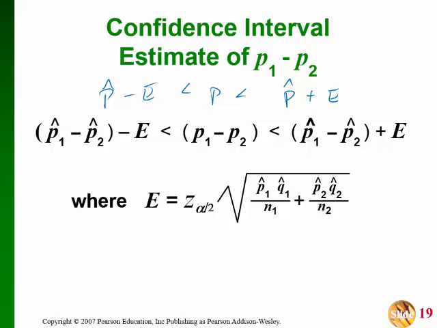The margin of error looks fairly similar. It's a little bit different, but it's the same business. If you compare it to the margin of error from before, it was z sub alpha over 2, the critical value that we would have found, and then there's p-hat q-hat divided by n. This time they have p1 hat q1 hat divided by n1 plus p2 hat q2 hat divided by n2.